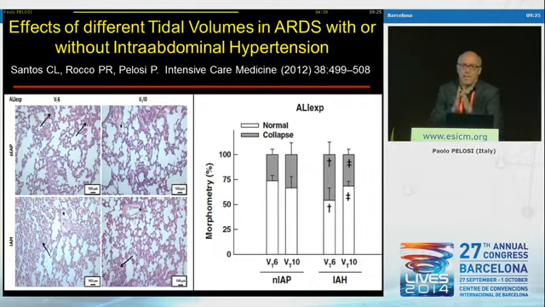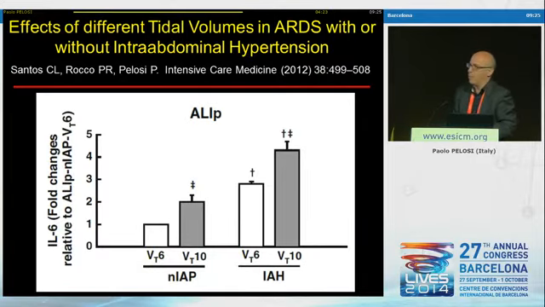The hypothesis is that if you use excessively low tidal volume and excessively low transpulmonary pressure in a condition of higher intra-abdominal pressure, we observe a higher amount of consolidation, a higher amount of atelectasis, and this can produce further lung injury.